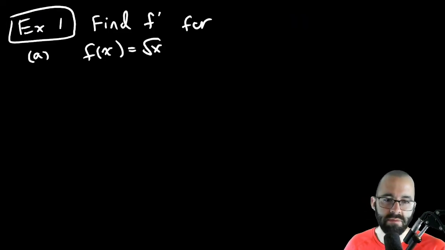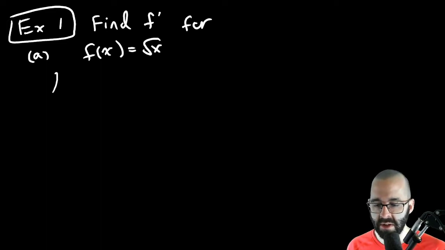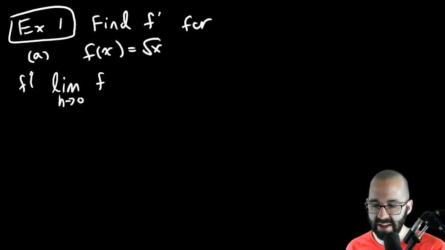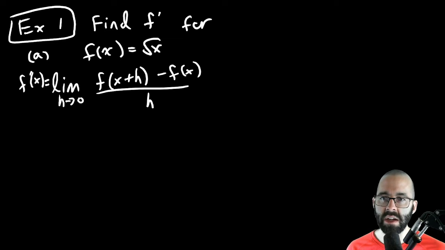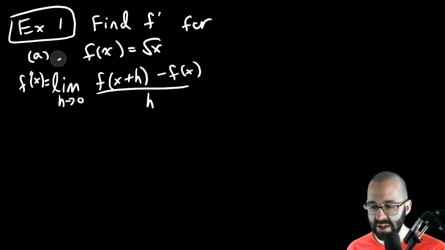There's just no numbers anymore, but the calculations will be very similar. There's the limit as h goes to 0. Copy down that formula, Jason. Again, this is f prime of x equals the limit as h goes to 0 of f of x plus h minus f of x all over h.